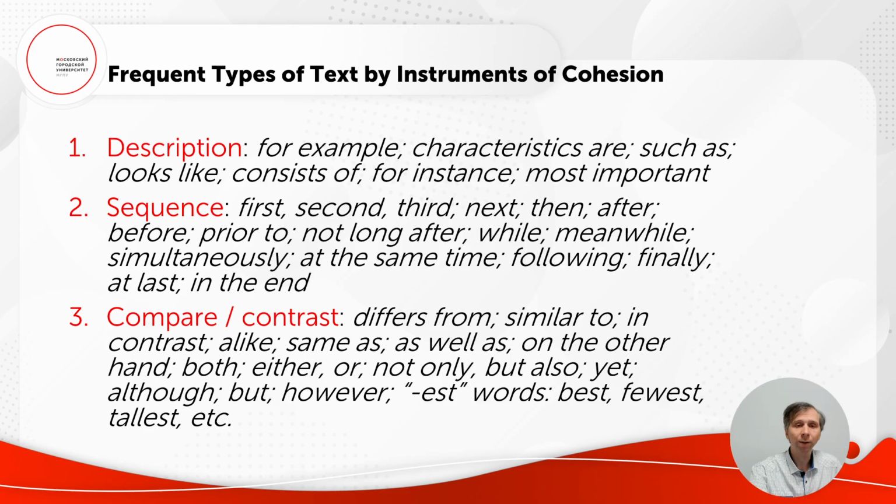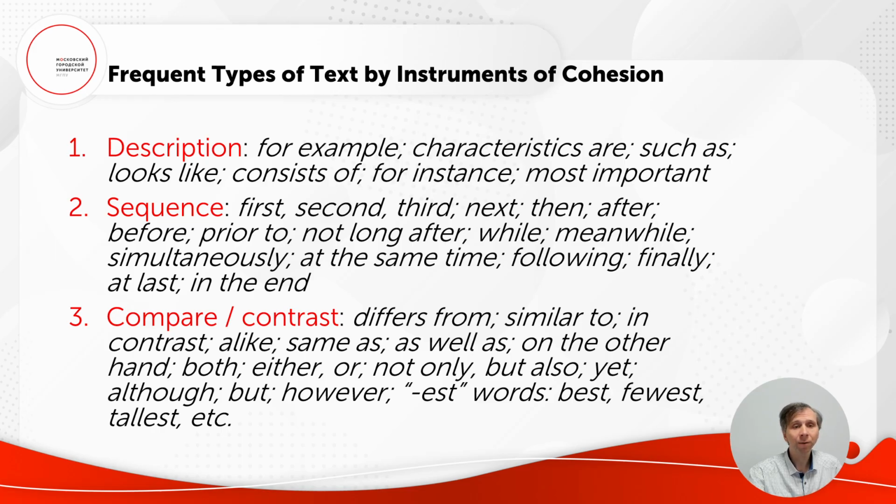Then sequences. There are lots of types of texts which belong to this type, and they are mostly recognized by such things as first, second, third, next, so conjunctive relations. Before, prior to, not long after, meanwhile, simultaneously, following, finally, at last, in the end. This is something that we prototypically mean by linking elements.